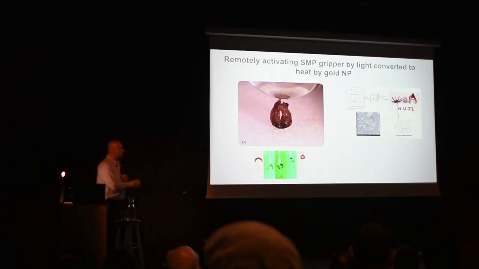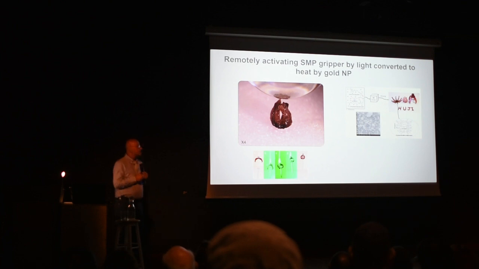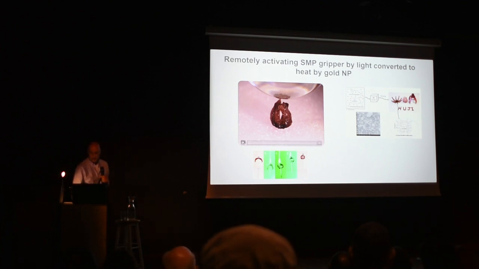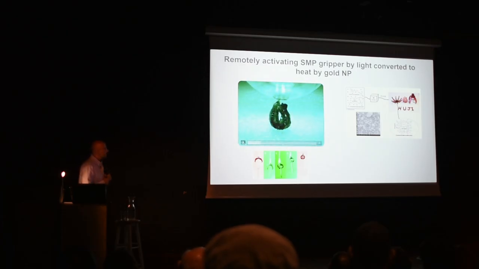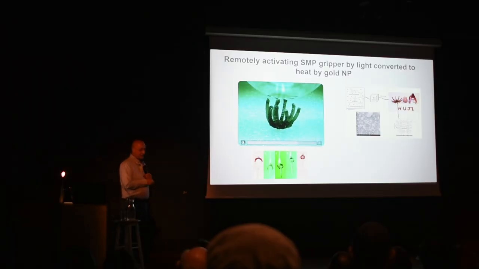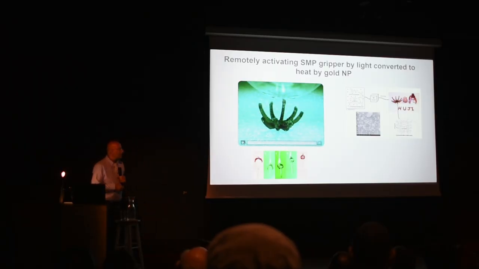So we made gold nanorods that can absorb light only at a very, very specific wavelength. And we made a gripper, a reverse gripper, that can open up upon shining of light. So this is remote activation of the structure.